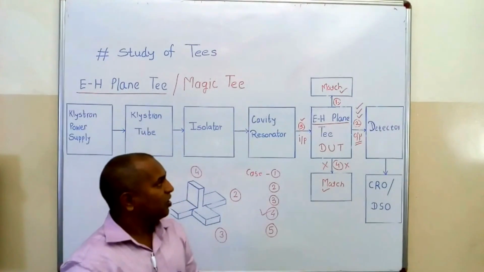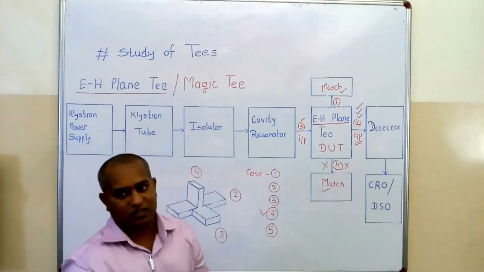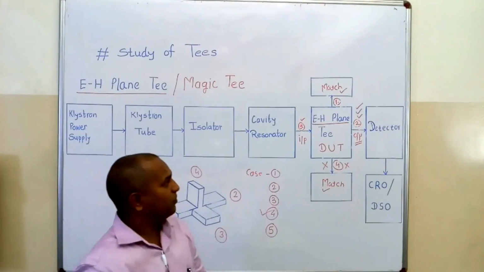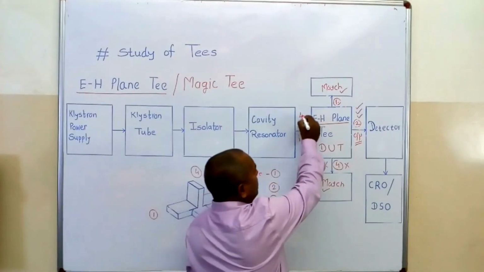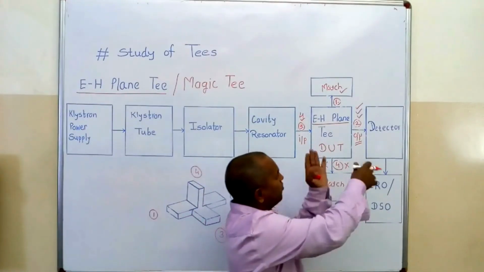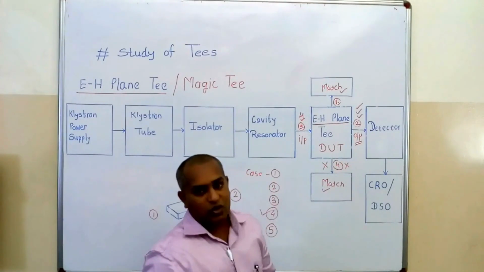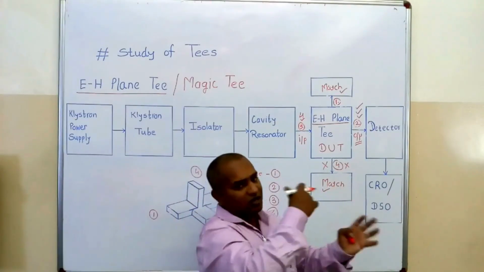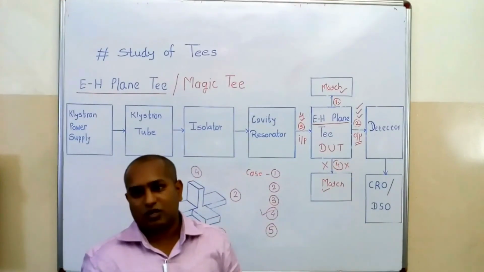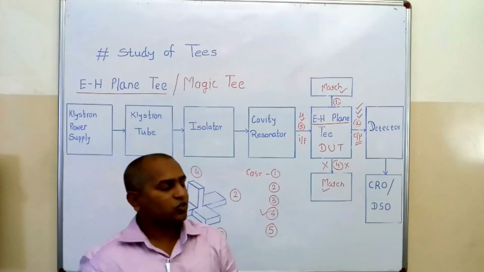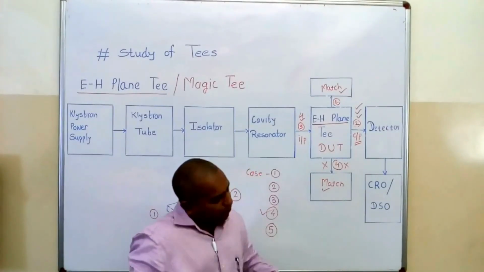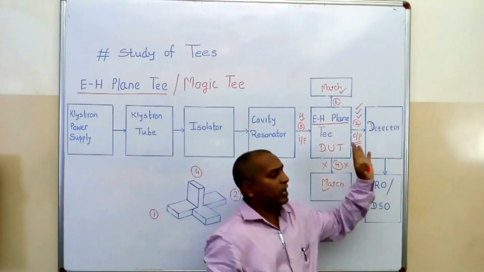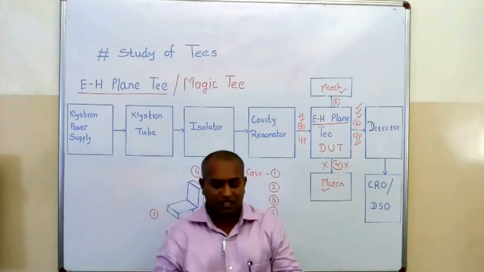Do the same thing for the different cases. Apply the input to port number 4 and measure the output across 1 and 2. At that time keep port 3 and the remaining port matched. Definitely you will get the output as per the magic T theory.